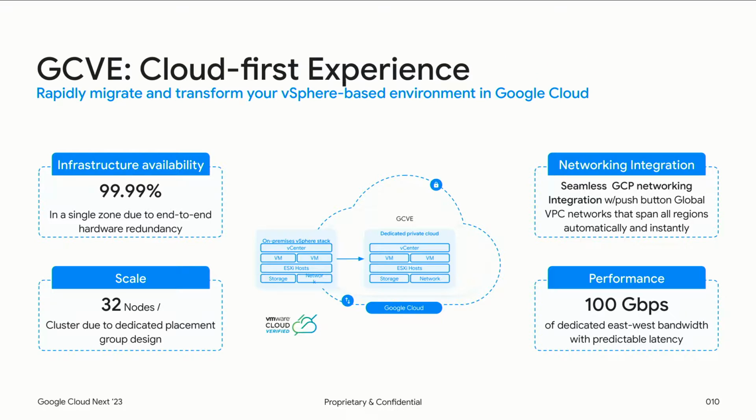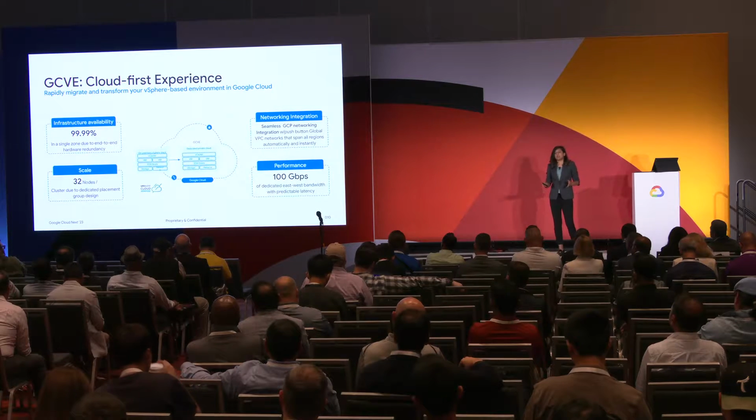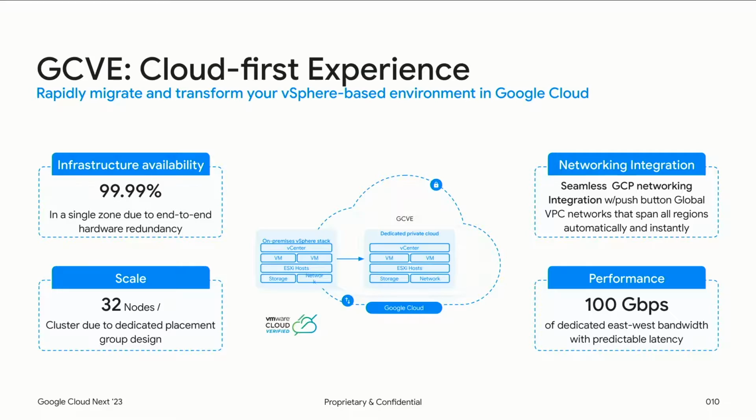Second, deep networking integration with native networking functions such as VPC. GCVE's networking is built on top of Google's powerful networking architecture. With simplified regional and global networking modes, you can create a VPC subnet in any region where this service is available.